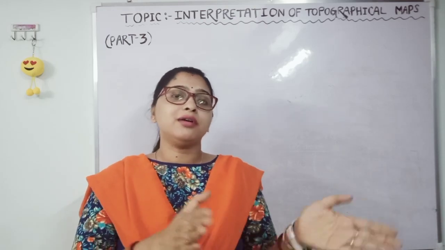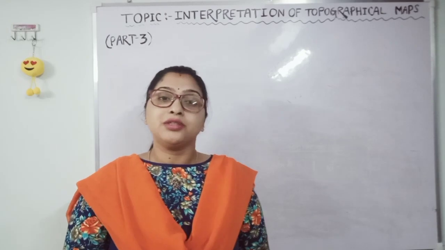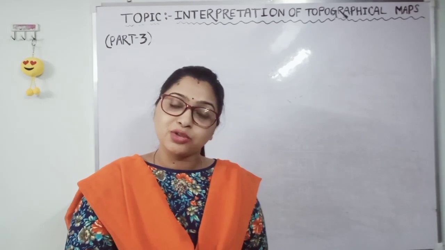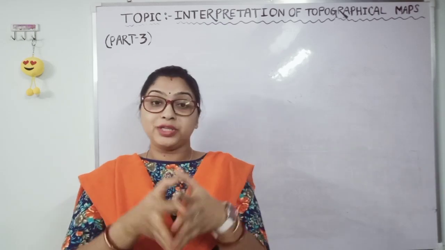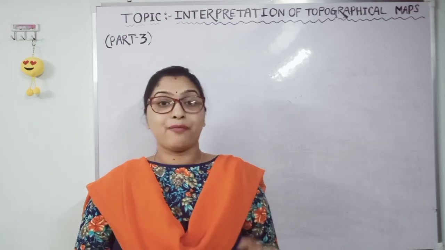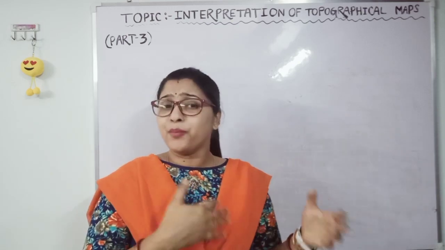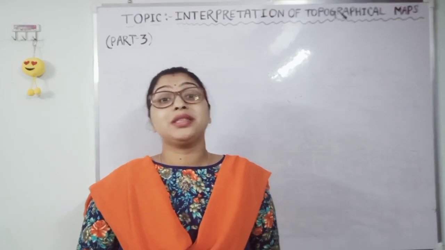Whatever number or name is given, you know the basics, so you can easily read it. But some more important information in the topo map, the symbols, the 4-figure grid reference, the 6-figure grid reference, the conventional signs, we will get to know in the next part.